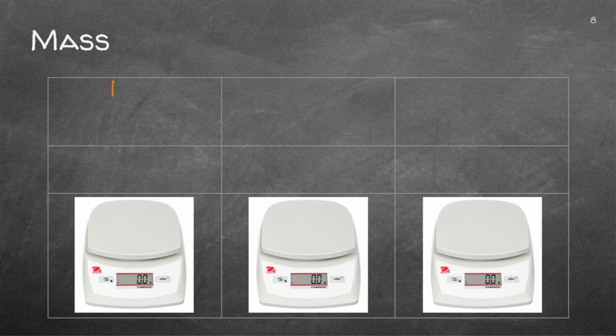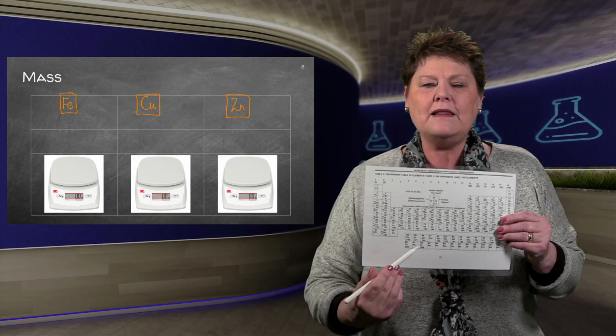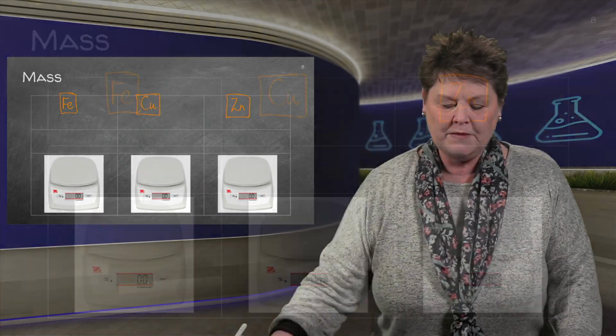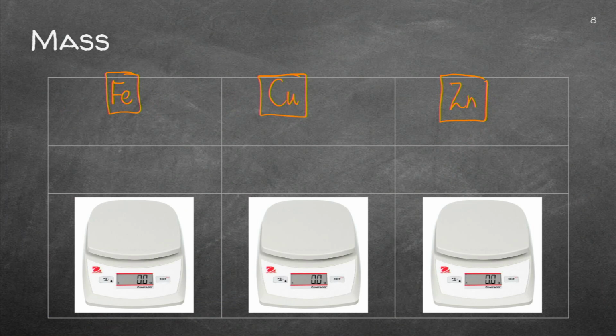You can have a look at iron. Please have a look if you can find iron, copper, and zinc on your periodic table. It's in the middle. If you have a look at the periodic table, it will be in the middle. It's metals. Have a look if you can find it. Now, if you have a look at iron, you will see it is 56.